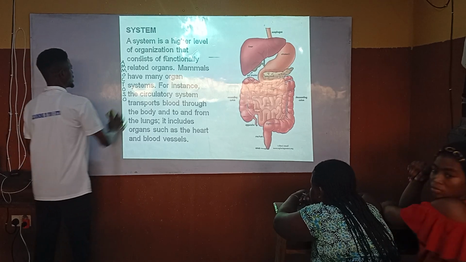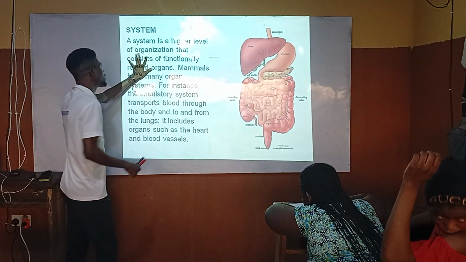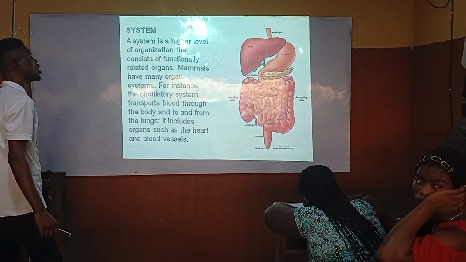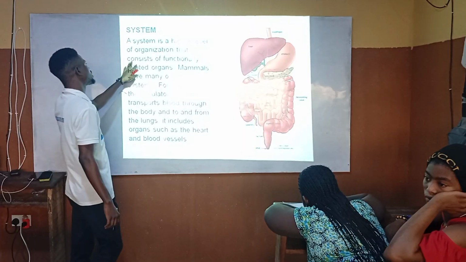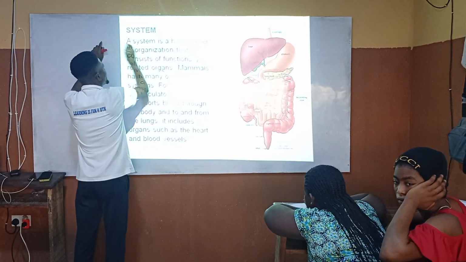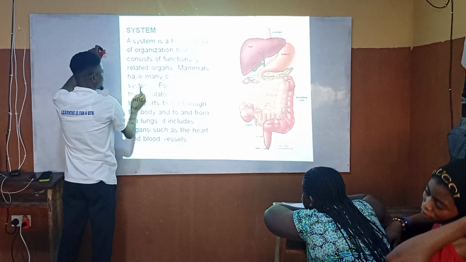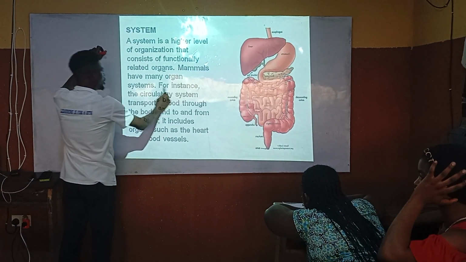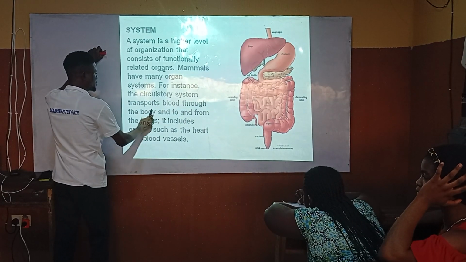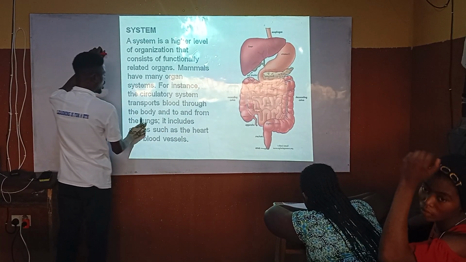System. Of course, if we have tissues in organs, we'll be having organs in a system. So we have system. A system is a higher level of organization that consists of functionally related organs. That means what make up a system are organs. Mammals have many organ systems. For instance, the circulatory system transports blood through the body and to and from the lungs.